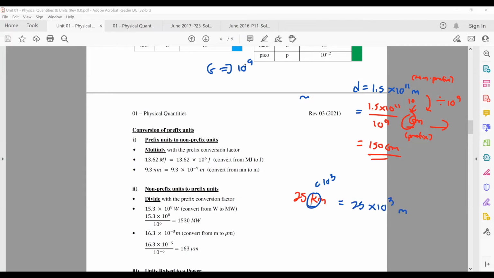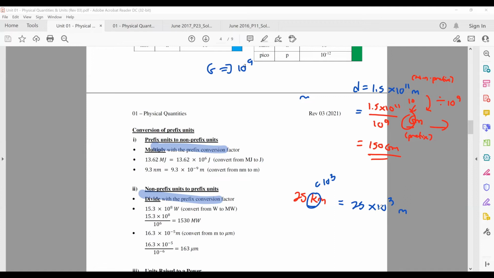So anything else that is not replacing or subbing out the prefix would be divide. That's how some people remember it. Because when I write it like this, some may have problem trying to understand or remember it like that. The easiest way I can tell you is this lah. If you see that your unit already has a prefix and you want to get rid of it, it's as simple as you just subbing in the value for that prefix, giving you this.